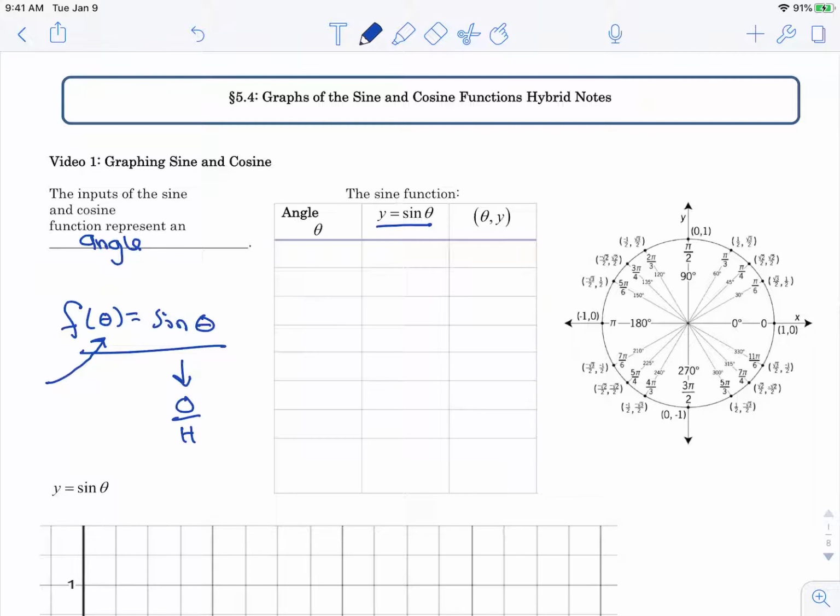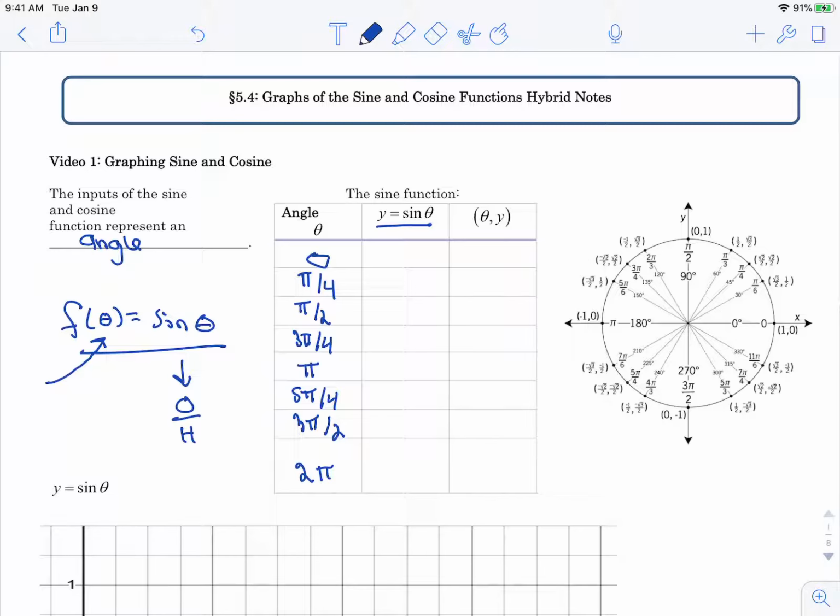I'm going to choose to put in angle 0. I'm really working on my handwriting, I promise. 0, pi over 4, pi over 2, 3 pi over 4, pi, 5 pi over 4, 3 pi over 2, and a full revolution at 2 pi.